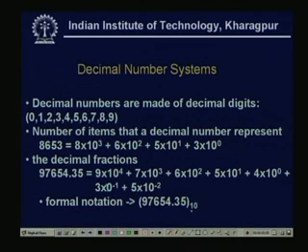Now, this 10 we define as the base or radix. So one thing from our common concept of the decimal number system is that every number system has one base. Here the base is 10.